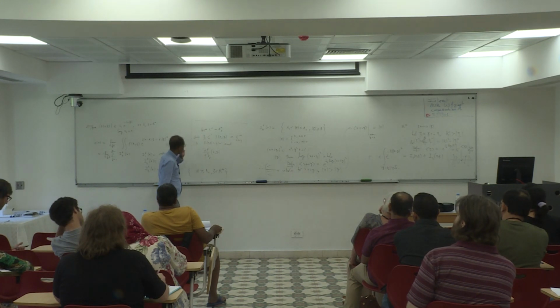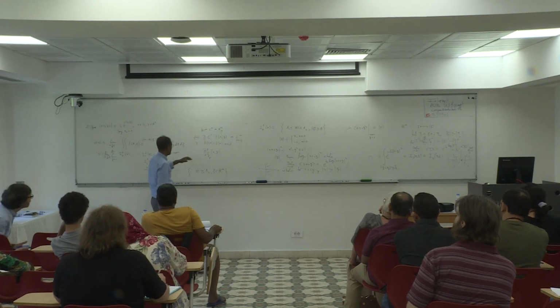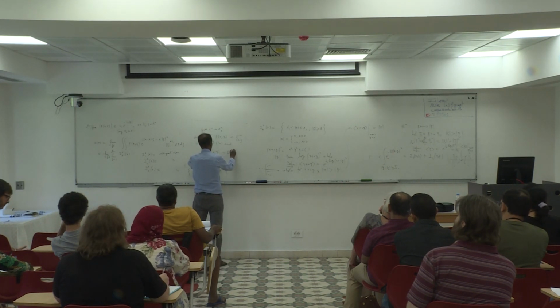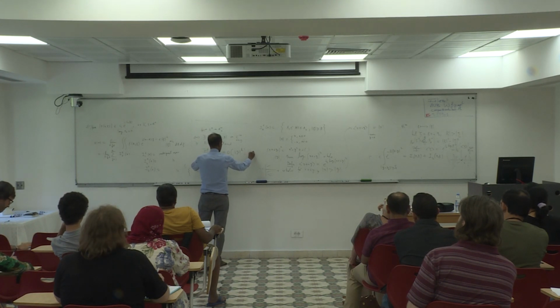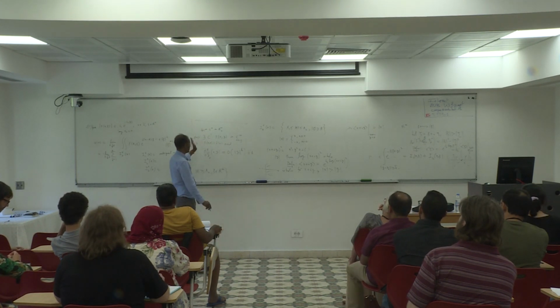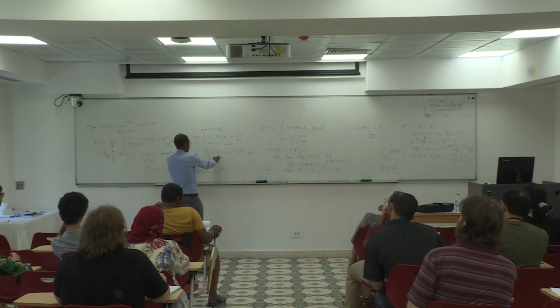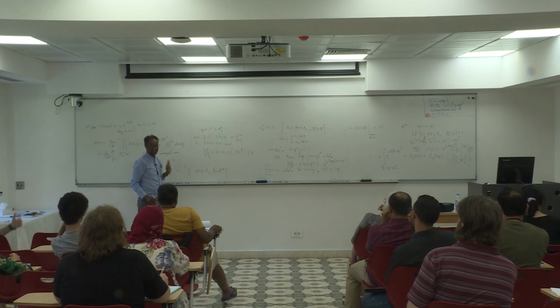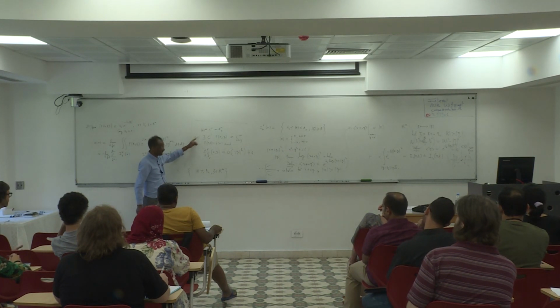But when f is C infinity, what you get is that this should vanish to infinite order, meaning for any k, there is a constant c_k such that this is bounded by c_k times |y| to the power k. This is a very nice characterization of smoothness.